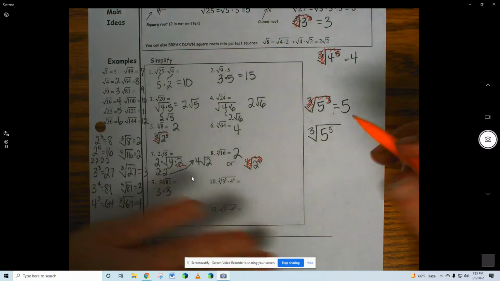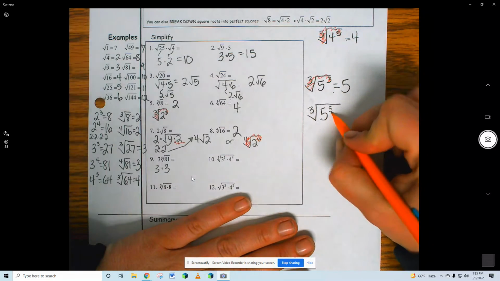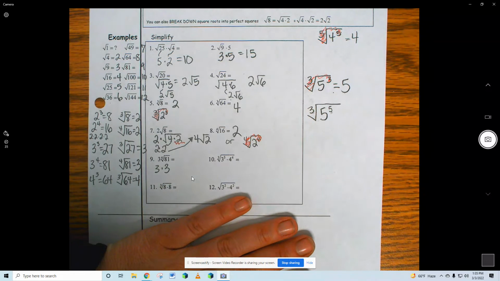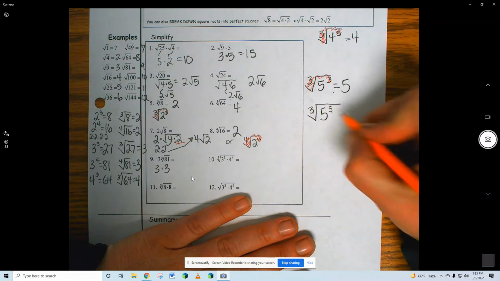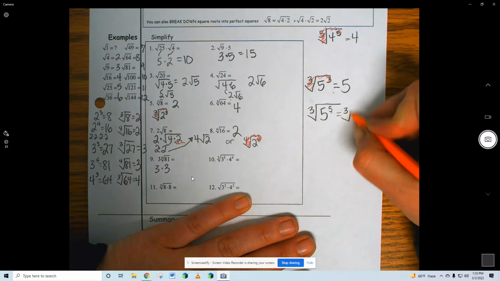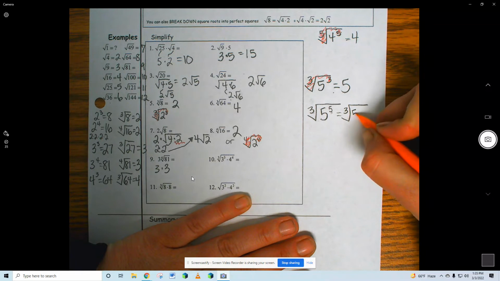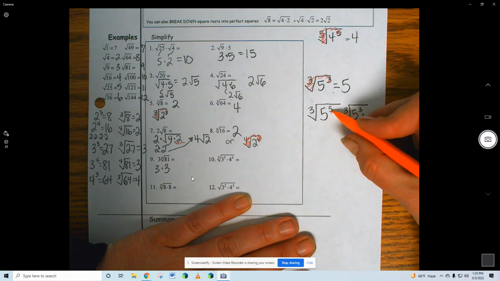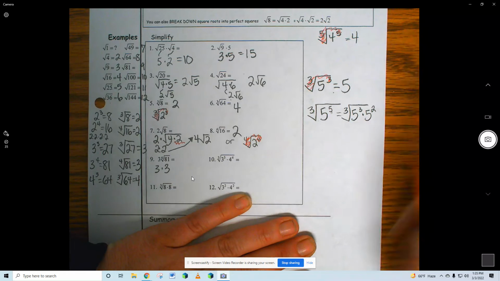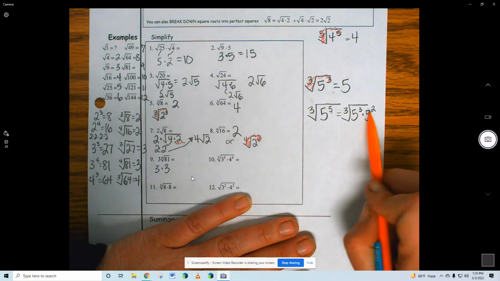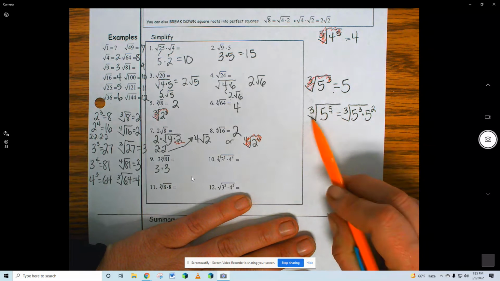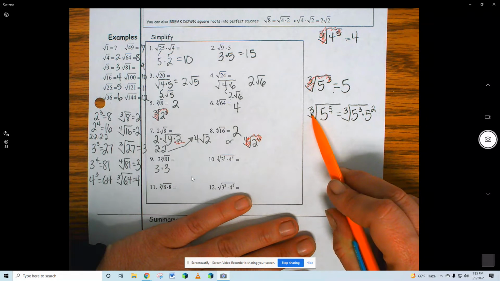Okay, this means I have to break up this 5 in here because I really wanted to have a 3rd that I could take out and cancel out. So it's going to look like this. I'm going to break up the 5 into something that has a 3, and then I'm like, well, how many more until I get to 5? So 3 plus what is 5? I could do 5 squared. So this 3 plus 2 makes the 5. I broke apart this 5 to the 5th because I wanted a cube root to come out.